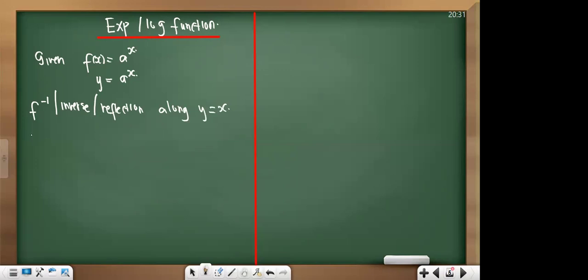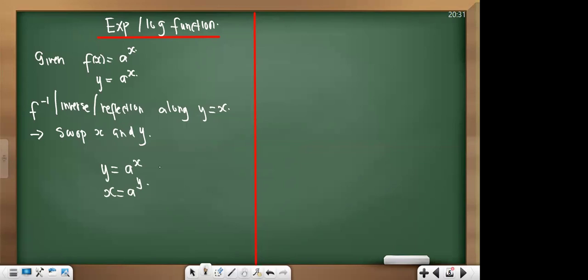So what do you do? You have to interchange or swap x and y. So I have y equals a to the power of x. Wherever I see x, I put y. Wherever I see y, I put x.